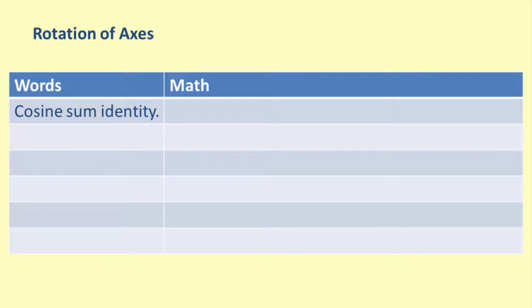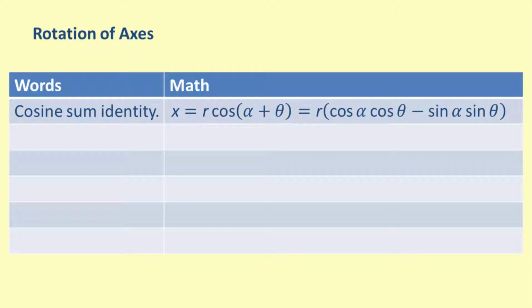We will start with the x term and write the cosine identity for a sum. So we have x equals r times the cosine of the quantity alpha plus theta, which equals r times the quantity cosine of alpha times cosine of theta, minus sine of alpha times sine of theta. Next, eliminate the parentheses and group r with the alpha terms.